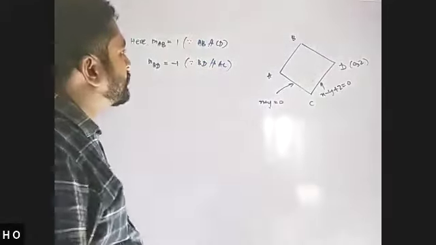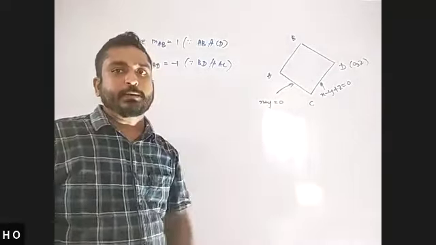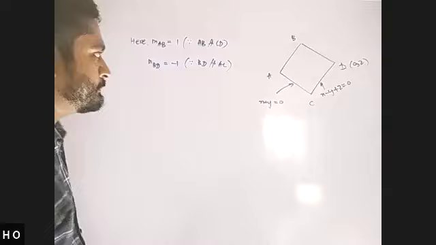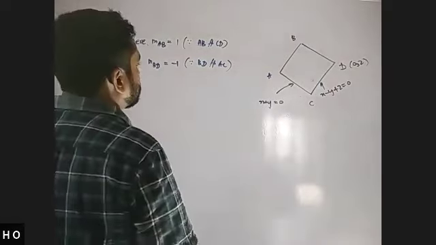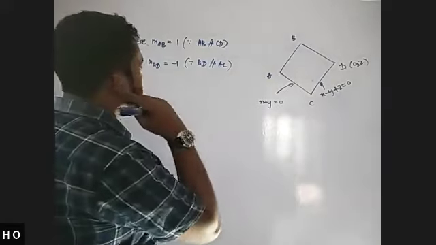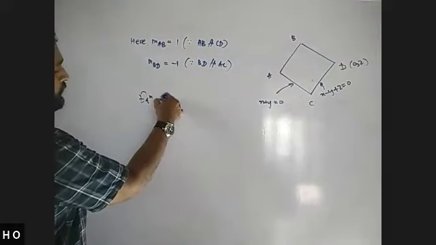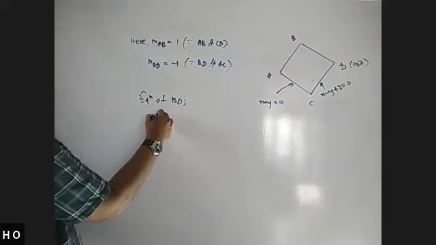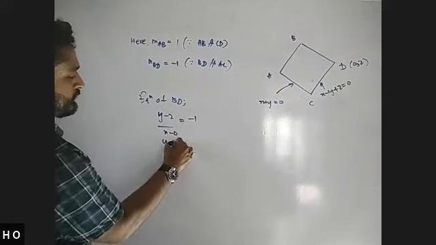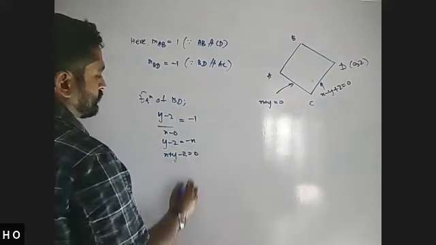Then to find the equation of AB, that is where you have to think how. Before that, the equation of BD: the gradient is minus 1, so y minus 2 over x minus 0 is minus 1. Y minus 2 is minus x, so x plus y minus 2 is 0.